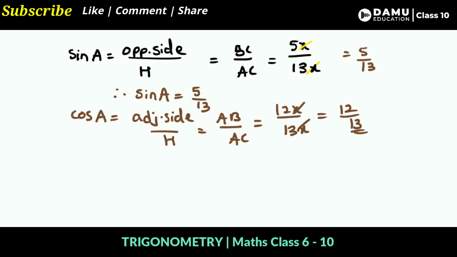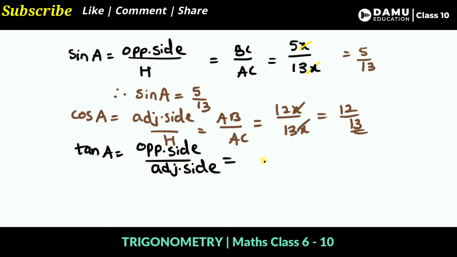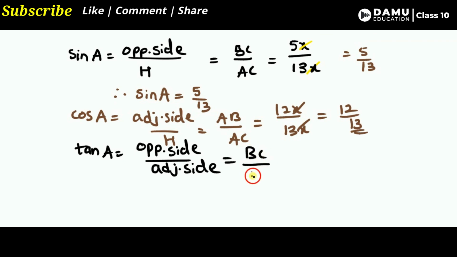Next one, tan A. Tan A is opposite side by adjacent side. For A, BC is the opposite side and the adjacent side is AB. So BC is 5x, then AB is 12x. The x will cancel, then 5 by 12.